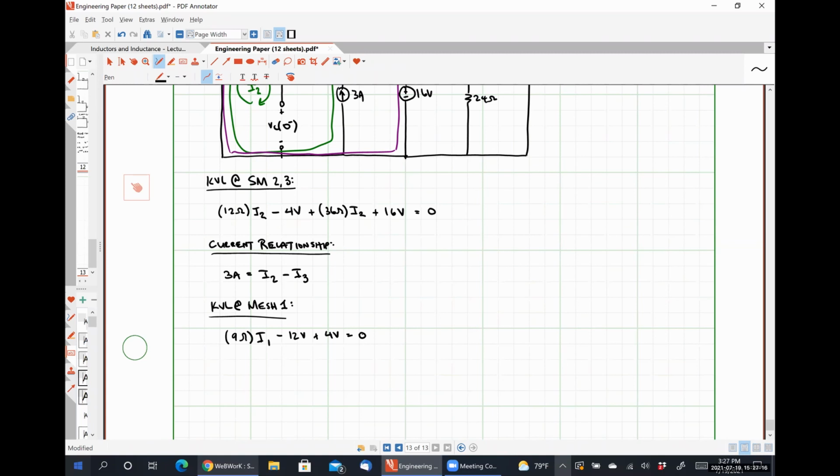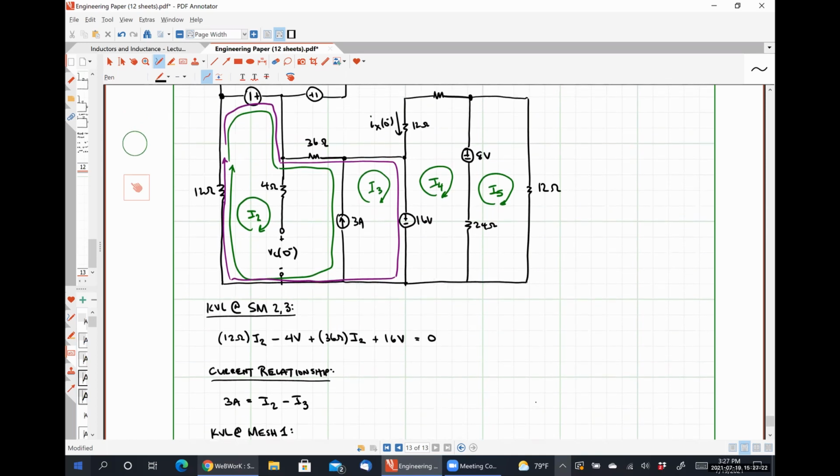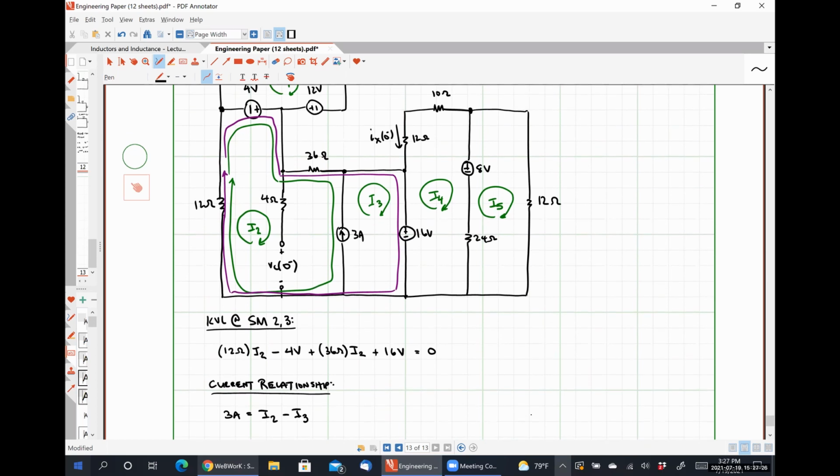So we could actually solve that guy for I1 right now if we wanted to. Then I'm going to have mesh 4.